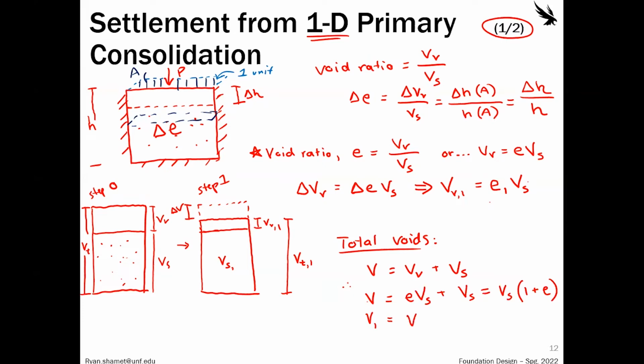But what we see is our Vs stays the same because, again, we're not changing our Vs. All we're doing is changing the void ratio. That's for the first time step. We could do this for any time step. So if we did V2, then our Vs would still remain the same.